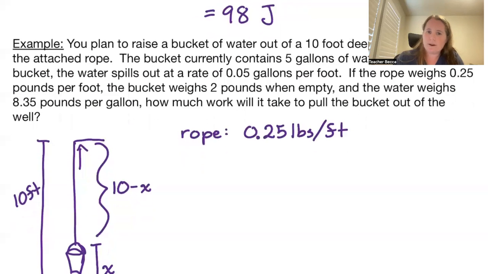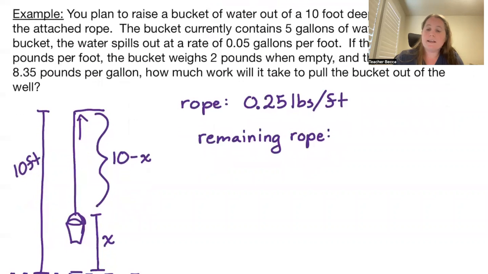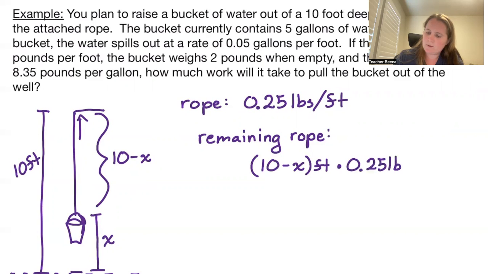And so that means that our remaining rope is 10 minus x feet, oops, 10 minus x, not 10 times x, times 0.25 pounds per foot.